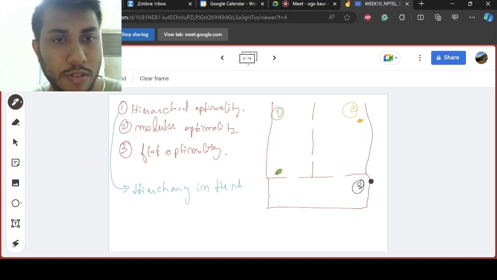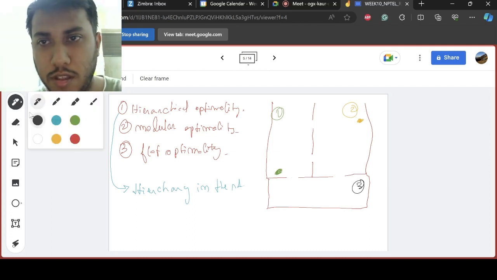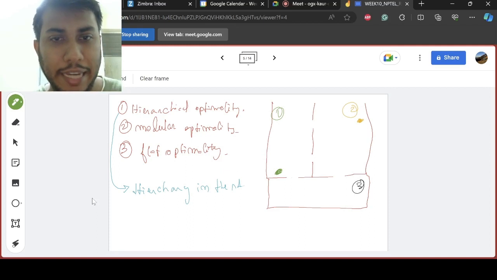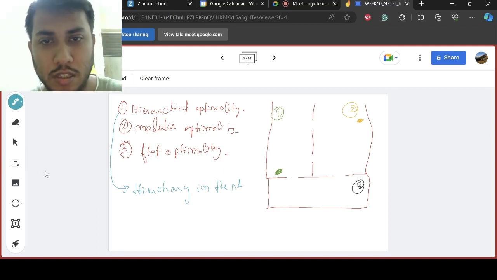So we can define a hierarchy like this, a hierarchy in the state space.